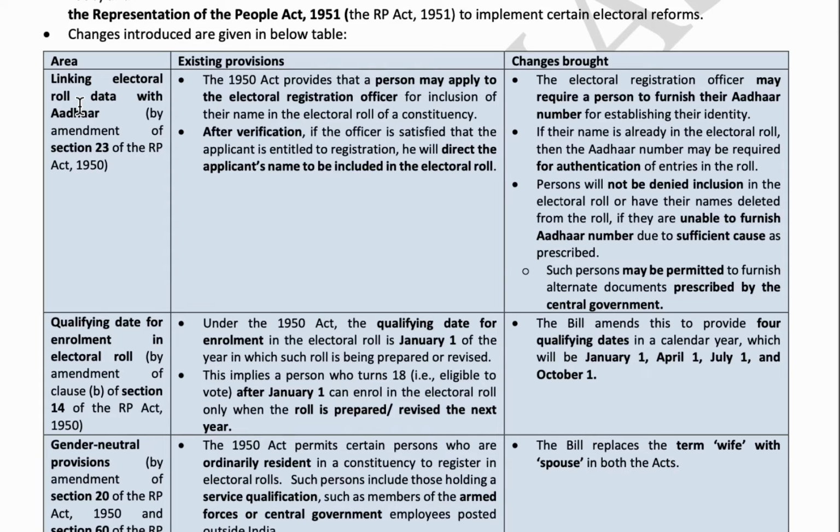So now the person should provide Aadhar card details, and if there are any errors related to Aadhar, then alternate documents prescribed by the central government should be provided for including the name. If their name is already there in the electoral roll, they have to update Aadhar card details. So this is about linking electoral roll data with Aadhar card.